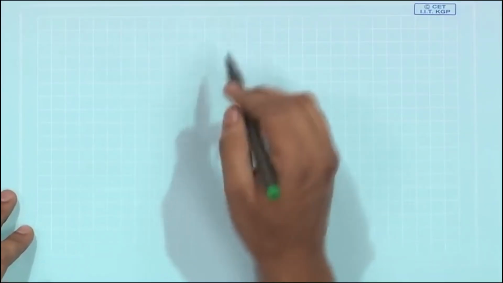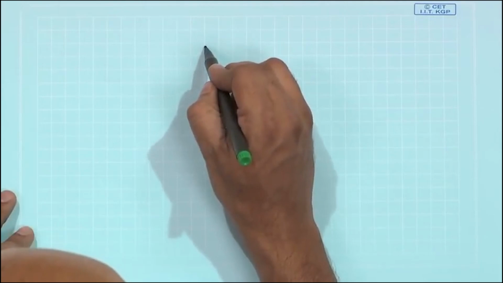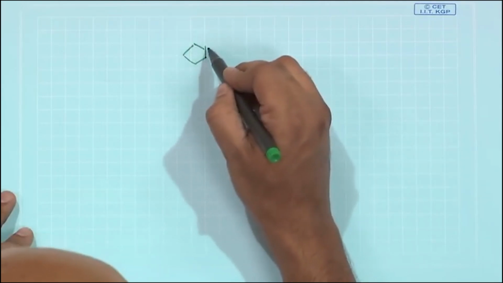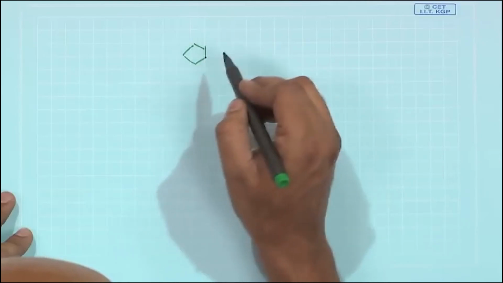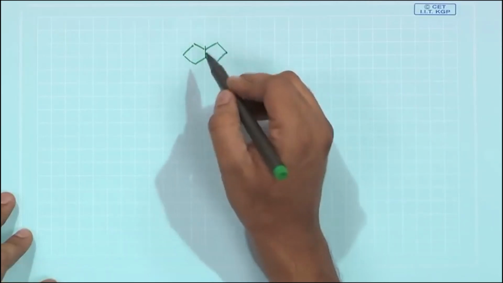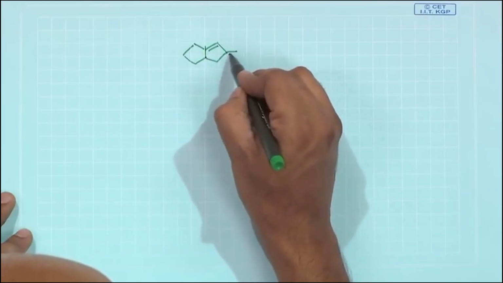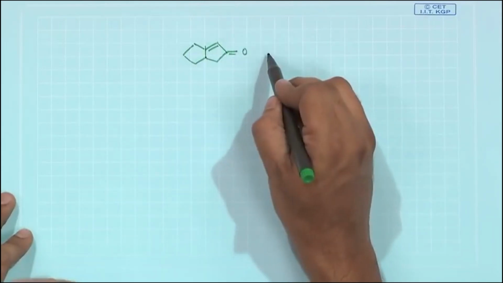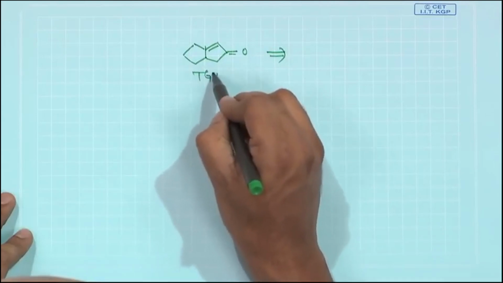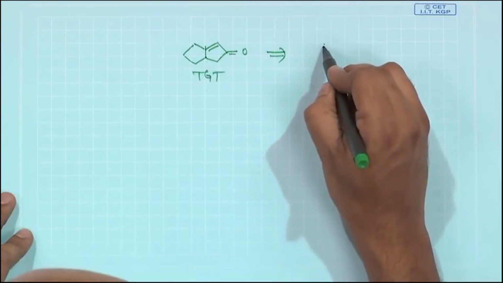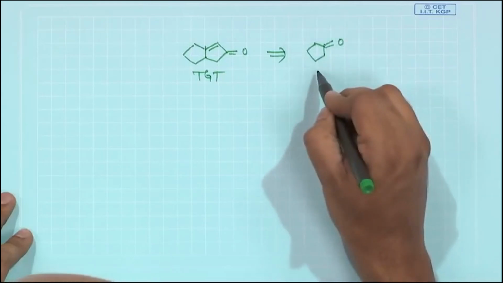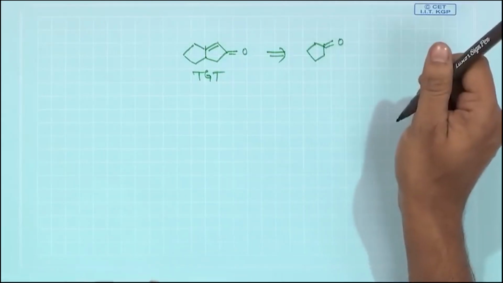In a similar way, we will now try to analyze a molecule. We will be trying to synthesize this molecule as our next target, which is a bicyclic compound, and the starting material which was given to you, the cyclopentanone, is a monocyclic compound.